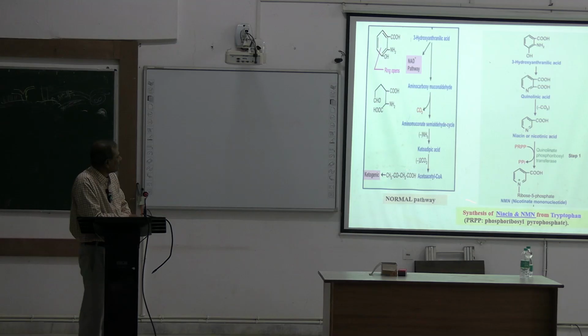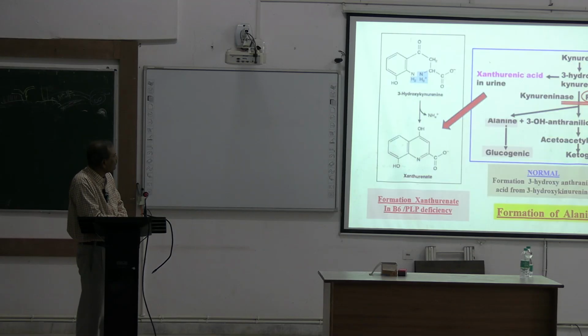So, this is the normal pathway, the synthesis of niacin, which I have shown to you. If there is a block here, PLP, that is vitamin B6, is needed, as the kynureninase enzyme requires PLP to function optimally. If there is a block, alanine will not be produced, and xanthurenic acid will be produced and excreted in urine, so there will be xanthurenate formation in B6 deficiency.